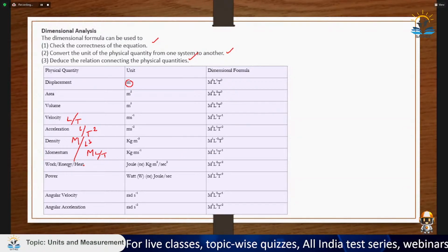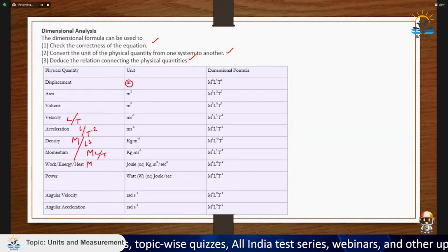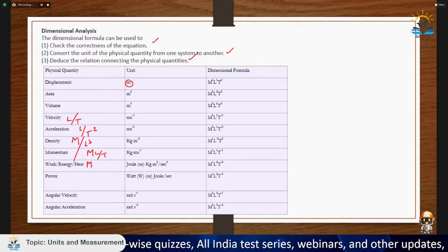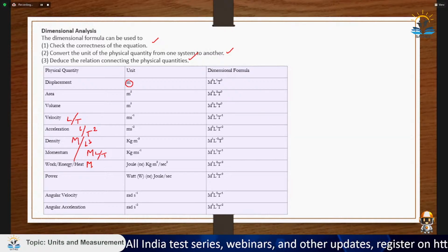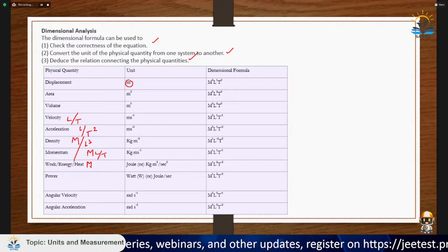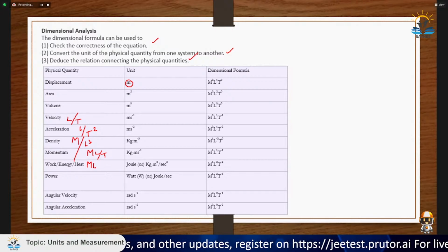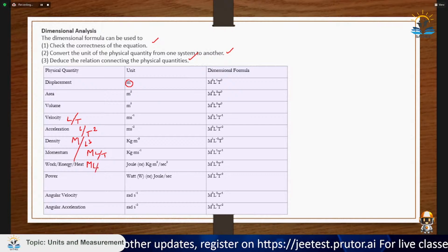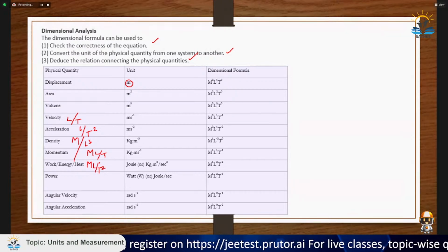Then work, energy, heat. All these things we know are force multiplied by displacement. And force is what? Force is mass into acceleration. Acceleration is L upon T square. So this is force. And when we multiply force by distance, we get work.